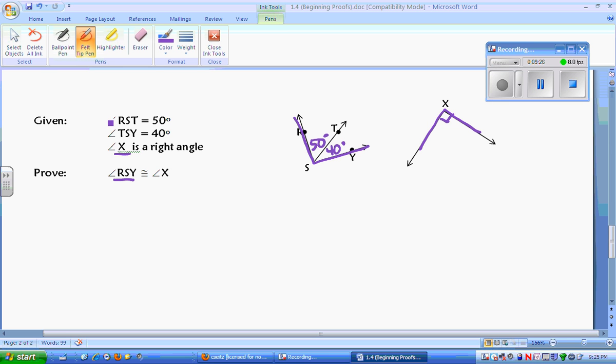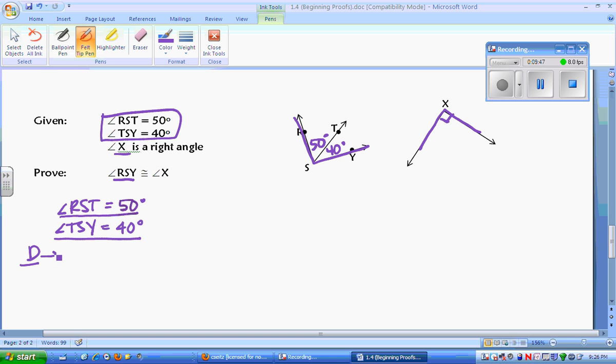So I'm going to go ahead and write off these two givens together, and angle TSY is 40 degrees. Now what I want to do is add them together in a proof, and to do that, I'm going to use the angle addition postulate. So from the diagram, I can say that the measure of angle RST plus the measure of angle TSY equals the measure of angle RSY.